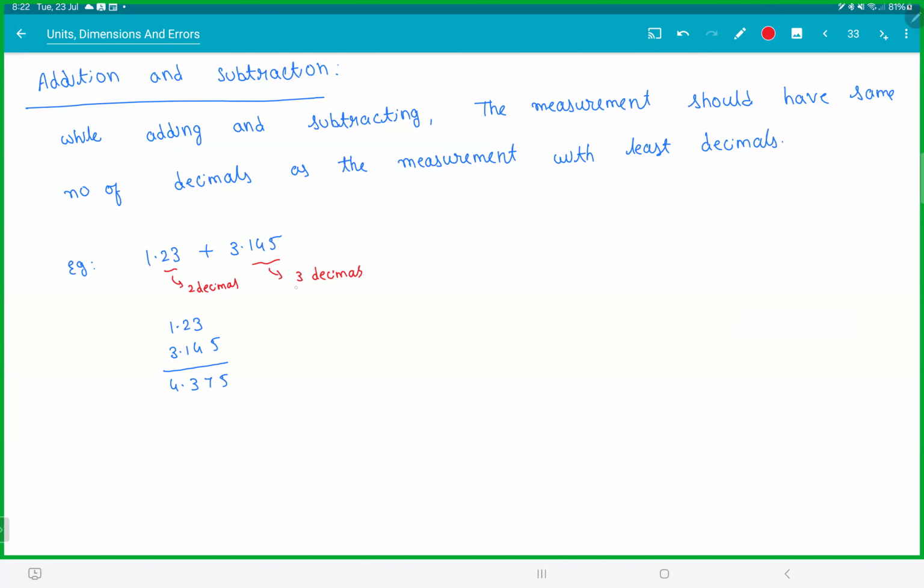So when you add an accurate one with an inaccurate one, your answer will be as good as 2 decimals only. So we need to round off this to 2 decimals, not 2 digits. Round off to 2 decimals, because the least number of decimals is 2. Means we look at this number 5, and this is odd. So this answer will be reported as 4.38.